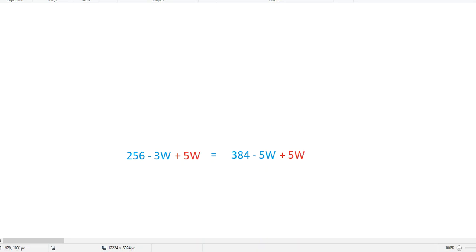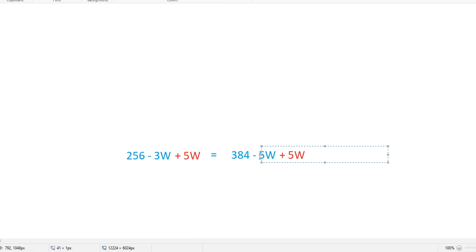That gets rid of it on this side. Since we do it on one side, we have to do it to the other. So we have a negative 3W plus 5W. If you have 5 of something and you take away 3, you have a positive value. If we'd gone the other route and added 3W to each side, we would have ended up with a negative coefficient.